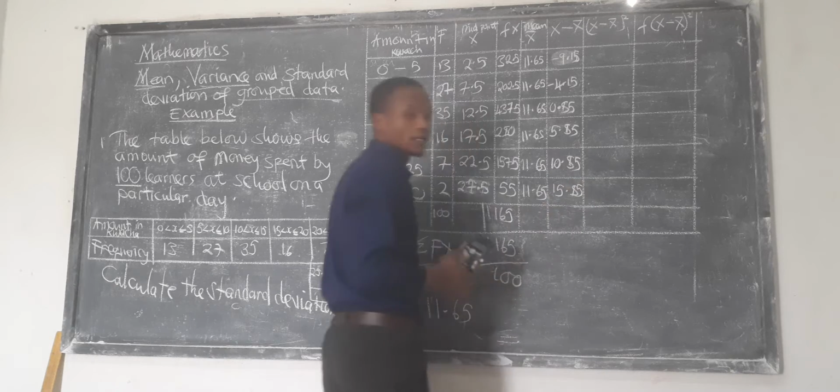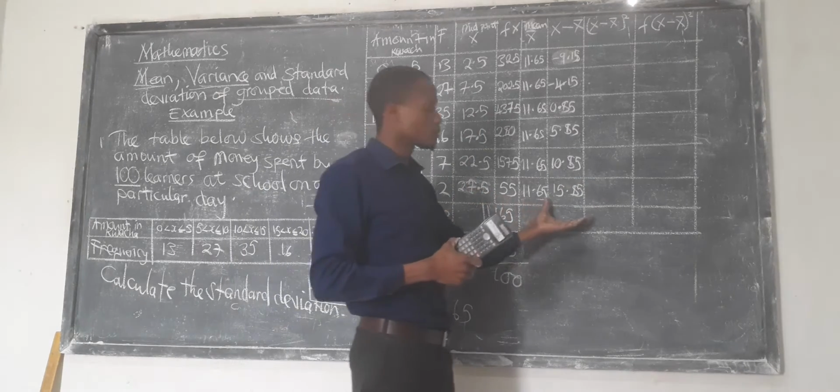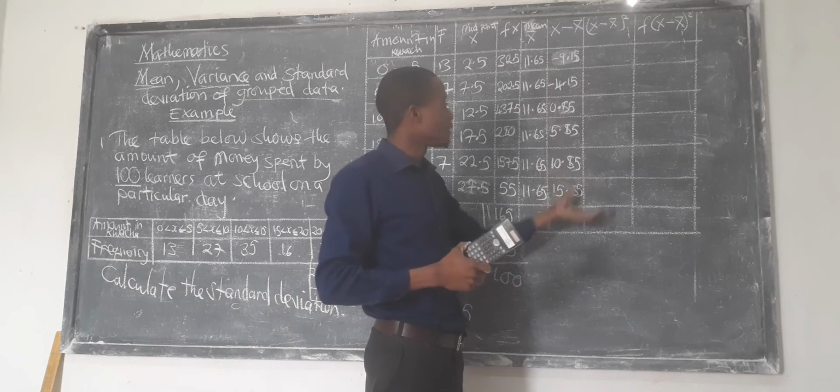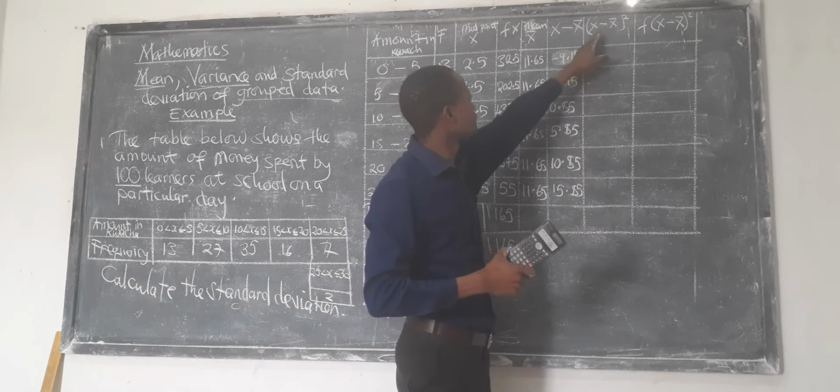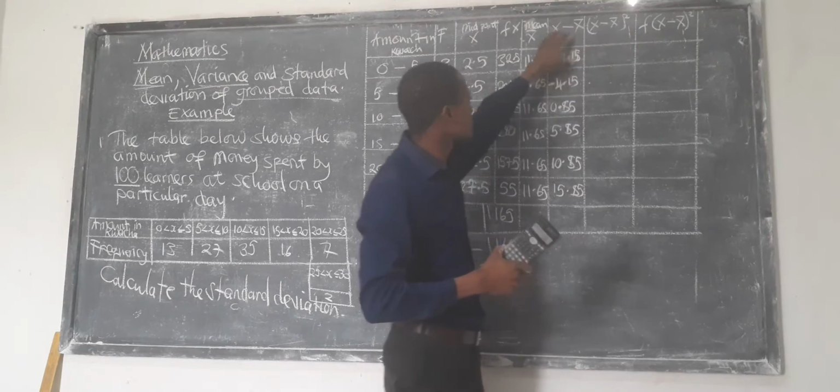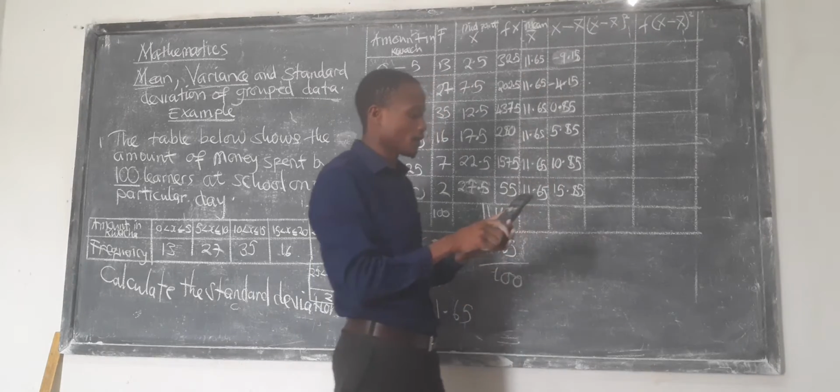15.85. Again, if you see, the next column explains what you have to do. Here it is x minus mean squared. So the answers which you have found here, you have to square those answers.